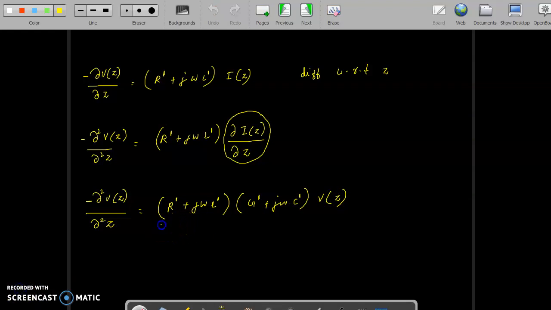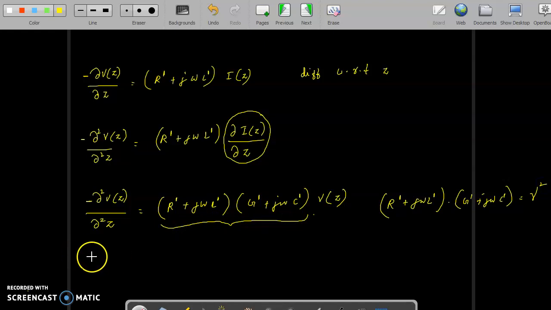Now I am going to replace this by gamma. Let r dash plus j omega L dash times g dash plus j omega c dash be equal to gamma square.